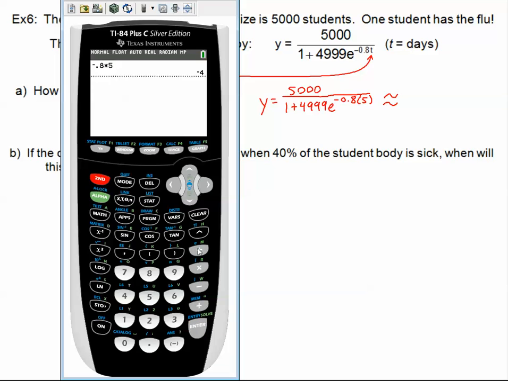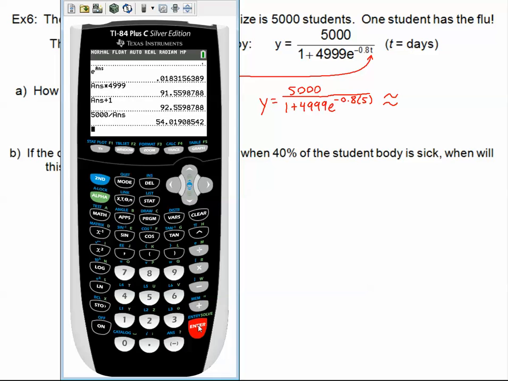So I'll do second e, raised to that number, caret and then that answer, enter. And then I need to multiply that by 4,999, enter. And then I'm going to add 1, enter. And then I have to take 5,000 divided by that previous answer.